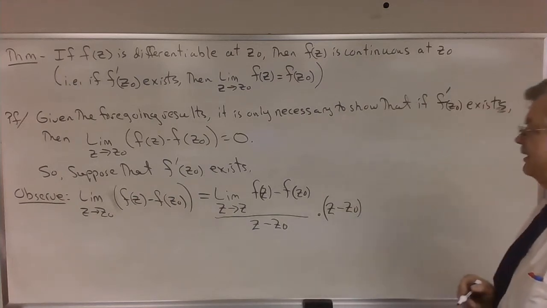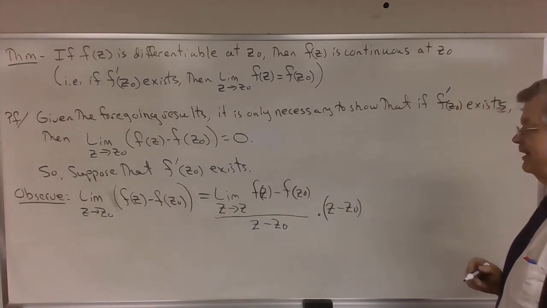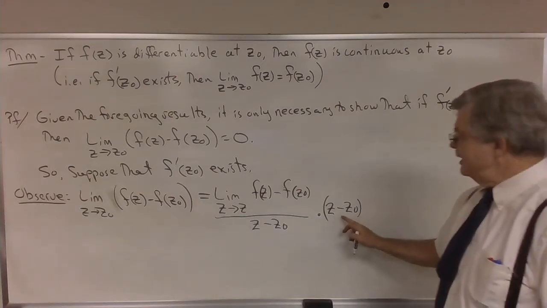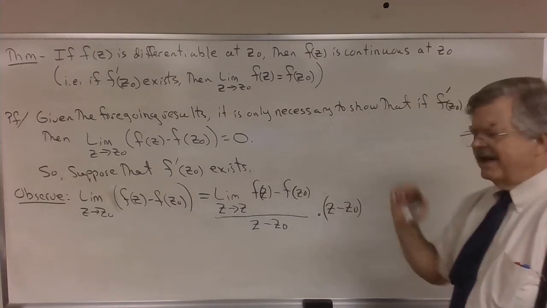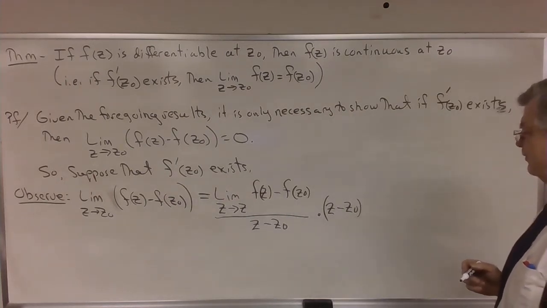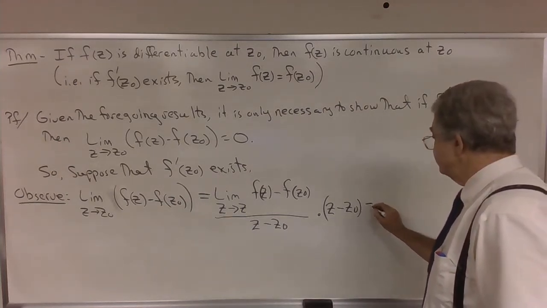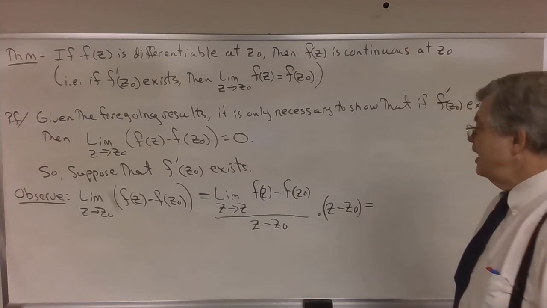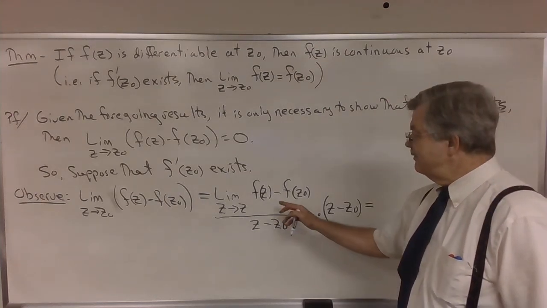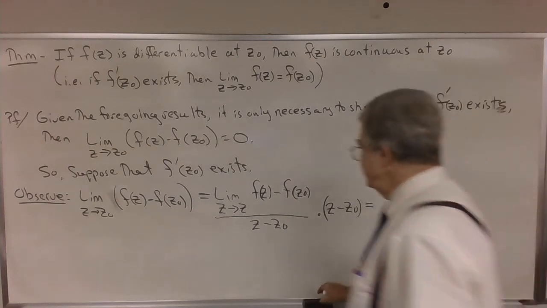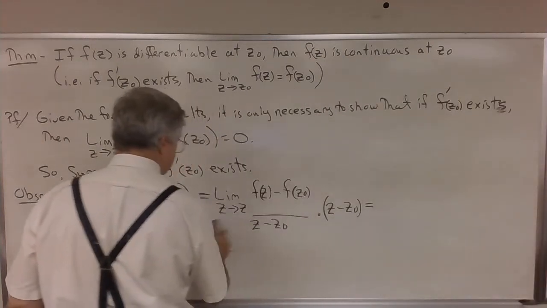We just multiply top and bottom by z minus z0. z minus z0 over z minus z0 is just 1. We haven't changed anything. And now we have the limit. And you know what? I guess I better write it this way.